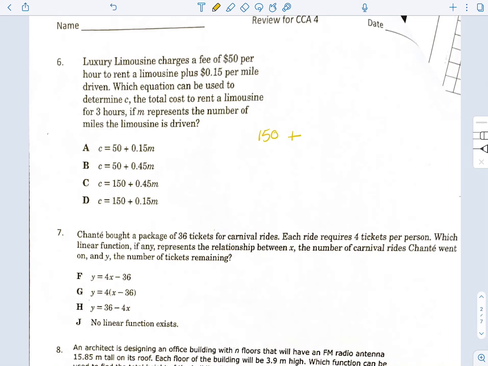But then you have to add on the cost per mile. Remember that per mile means each, every. Tag on the X or M, whichever one you choose. And so there we have it. The answer is D.